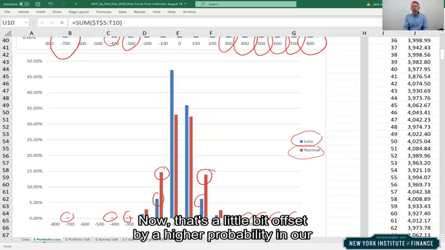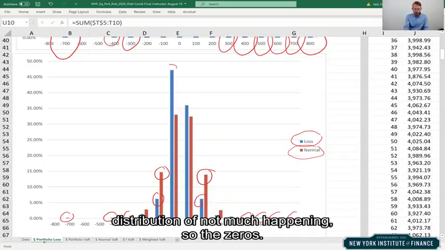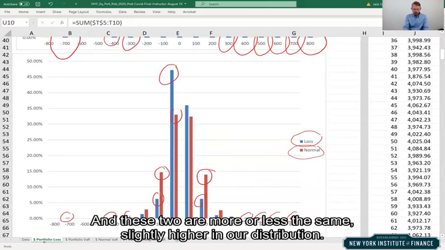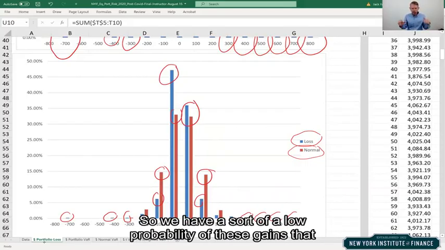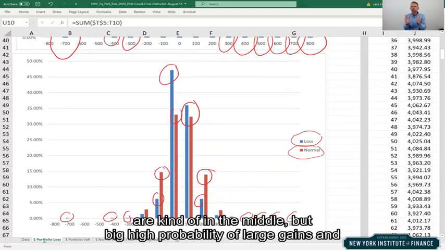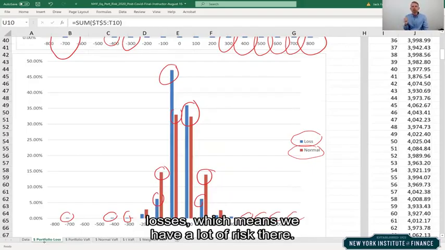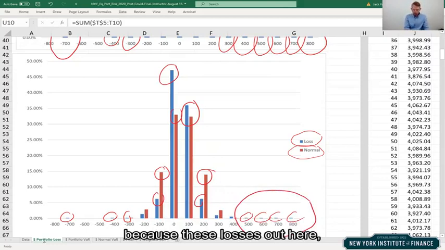Now that's a little bit offset by a higher probability in our distribution of not much happening, so the zeros, and these two are more or less the same, slightly higher in our distribution. But so we have a sort of low probability of these gains that are in the middle, but a high probability of large gains and losses, which means we have a lot of risk there, because these losses out here are our tail losses.